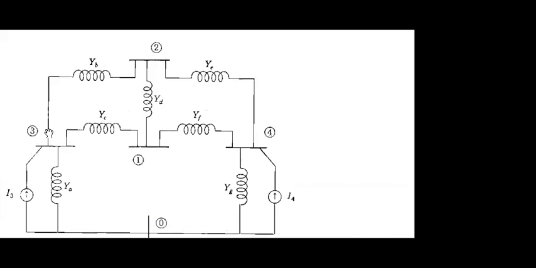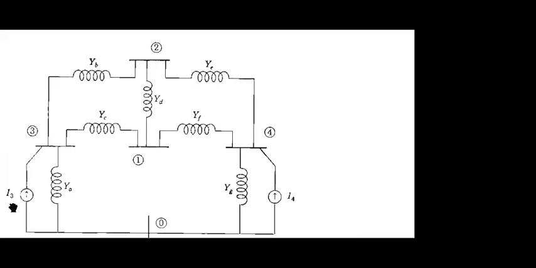And for the source, generally we use a generator, but you know the source conversion from voltage source to current source. A voltage source, the generator case, will have impedance in series.